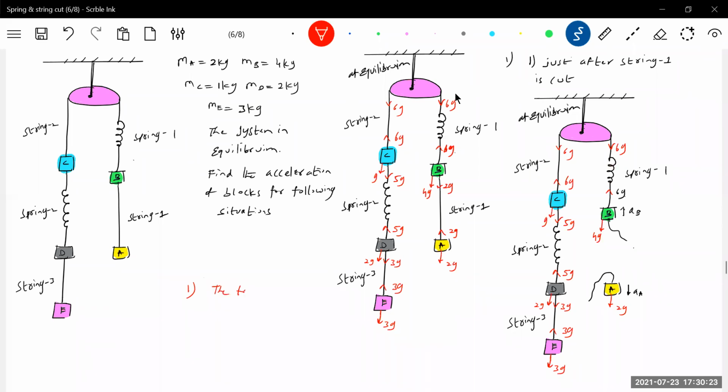The tension in string 2 will be the same as the force in spring 1. Spring force in spring 1 will not change, so the tension in string 2 will not change.